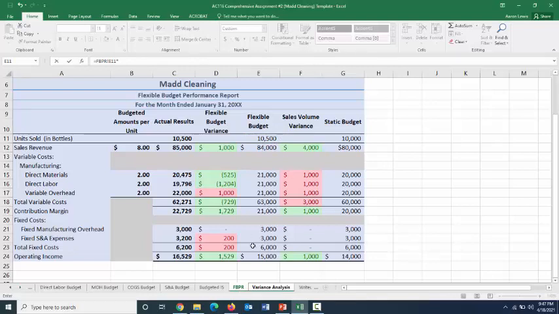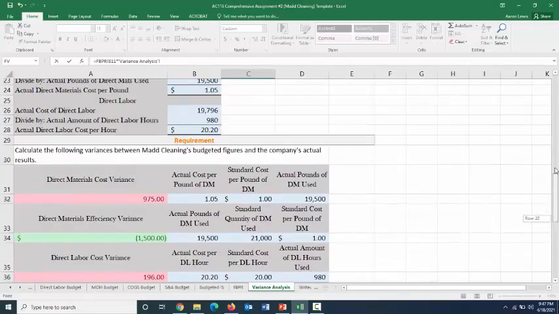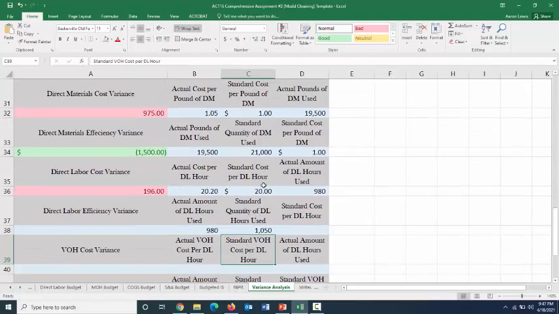Well, if we multiply that by the time it should have taken to make 1 unit, which is 0.1 hours, our direct labor quantity standard, that means that to produce those 10,500 bottles at a rate of a bottle every 0.1 hours, it should have taken us 1,050 hours to make them. So we got the job done in 70 hours less than we thought we were going to.